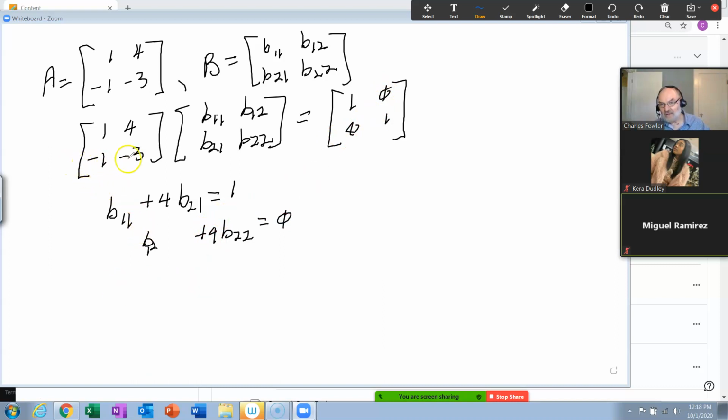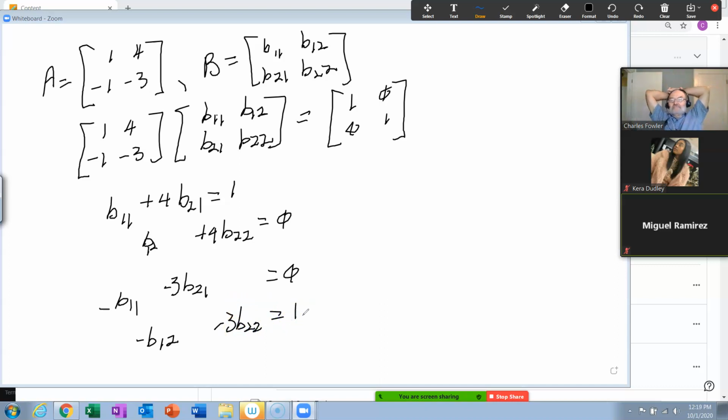Then the 2,1 entry here would be minus B11 minus 3 B21 has to equal 0, and the 2,2 entry here would be minus B12 minus 3 B22 has to equal 1.